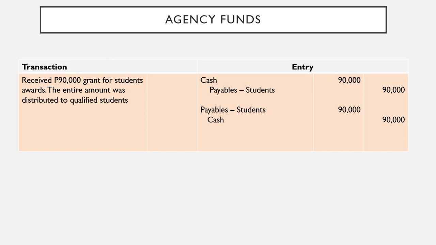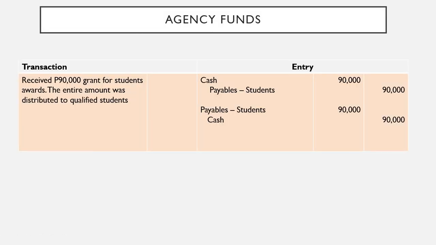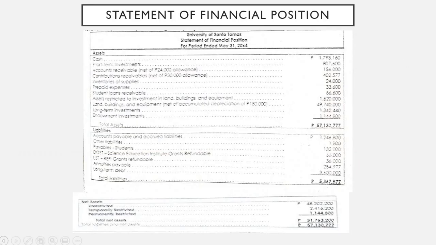Ayan. So, as a result, if you sum up all of those transactions, ito yung magiging not all these transactions, kasi meron pa tayong mga transactions na hindi na natin in-include. And for illustration purposes only. Ito yung sample na statement of financial position, no? Dito sa University of Santo Tomas. Ito yung statement of financial position niya. Okay?